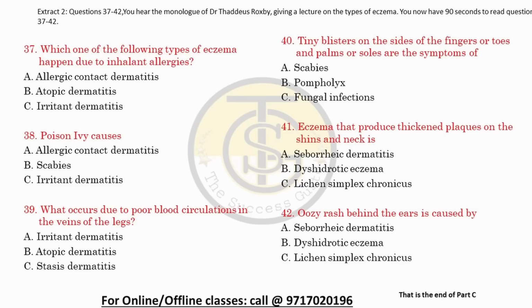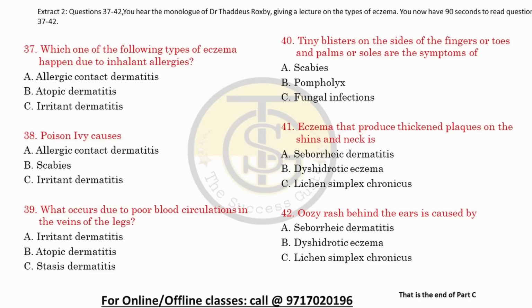Poison ivy allergy is a good example of allergic contact dermatitis. Stasis dermatitis commonly occurs on the swollen lower legs of patients who have poor blood circulation in the veins of the legs. Fungal infections can produce a pattern similar to many other types of eczema. However, the fungus can be visualized with a scraping under the microscope or grown in culture.